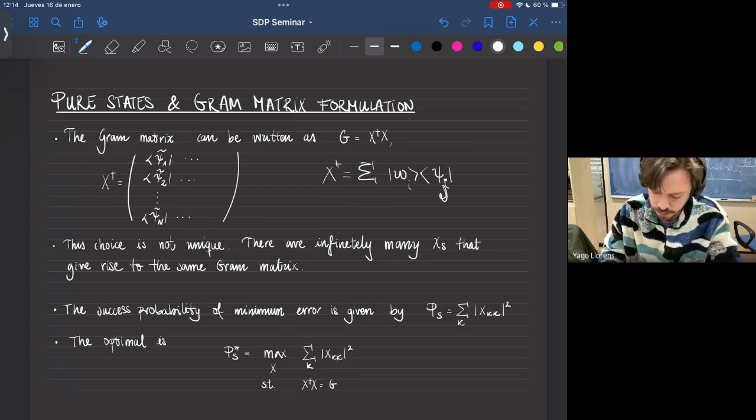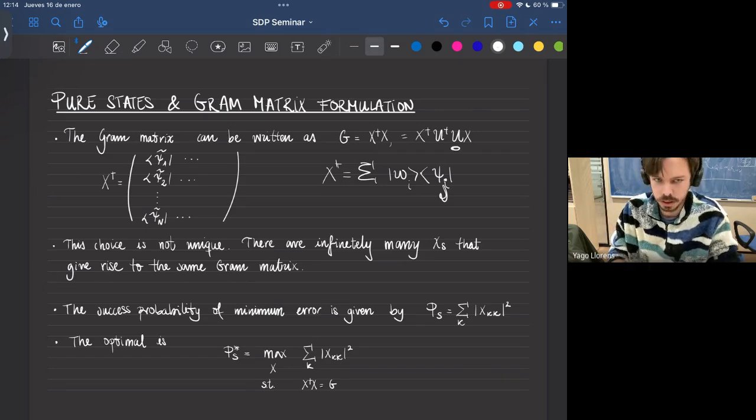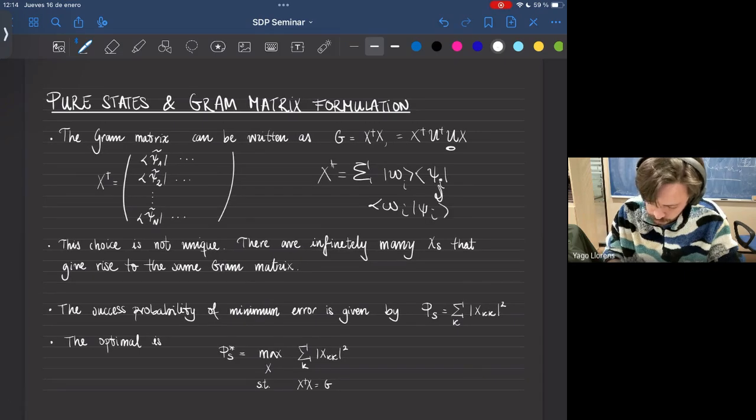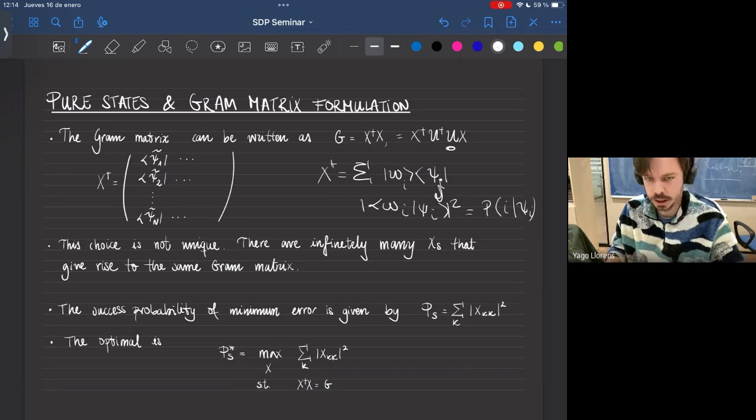So you could also have this equal to X U dagger and U X, with some unitary, some change of basis. So the choice of your POVM element is not unique, and you can maximize over this choice. And if you do, with i squared, this is the probability of saying i when it was i. So this is your success probability.